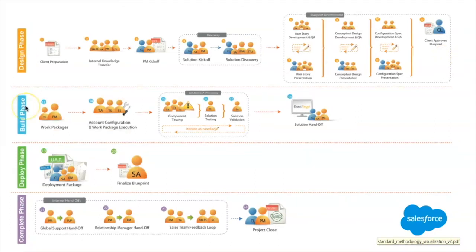In the build phase, the work packages are then assigned to the technical architects and the technical team who start configuring the Marketing Cloud instance, and they work on these different work packages which are defined as per the initial blueprint requirements.